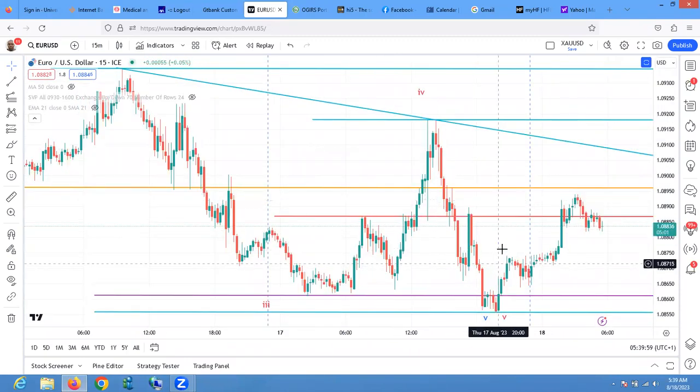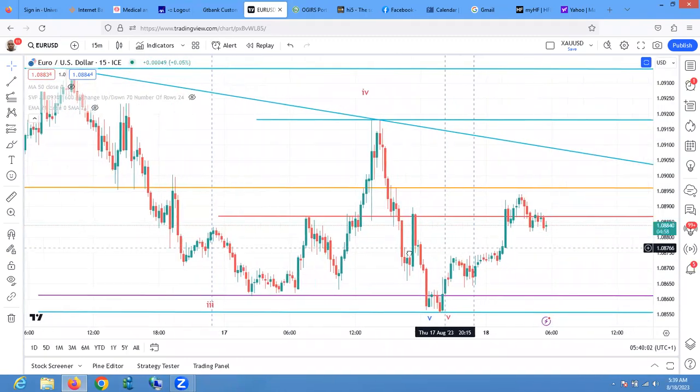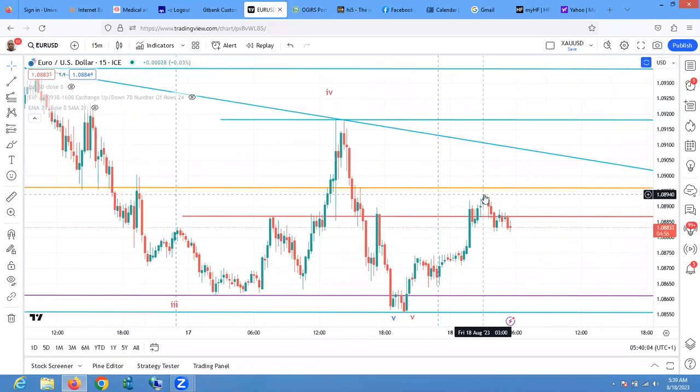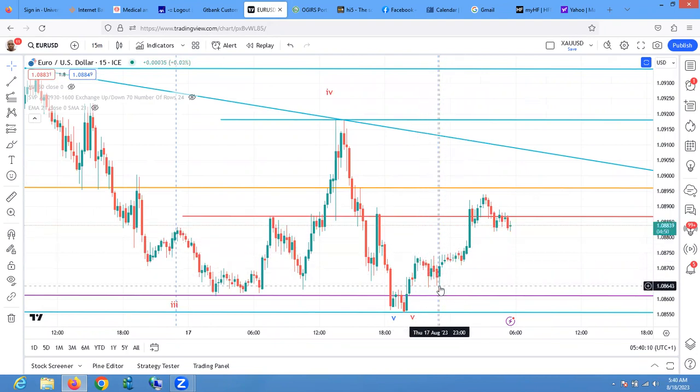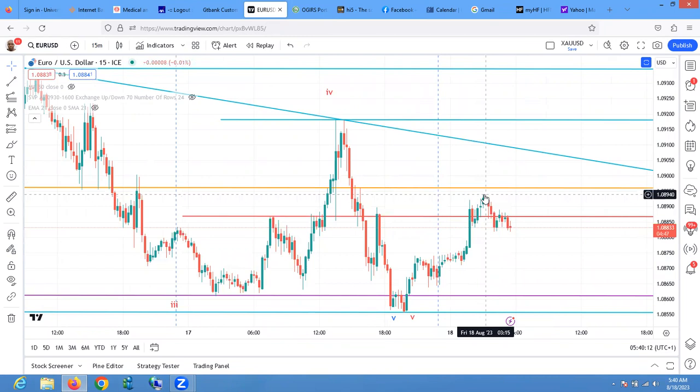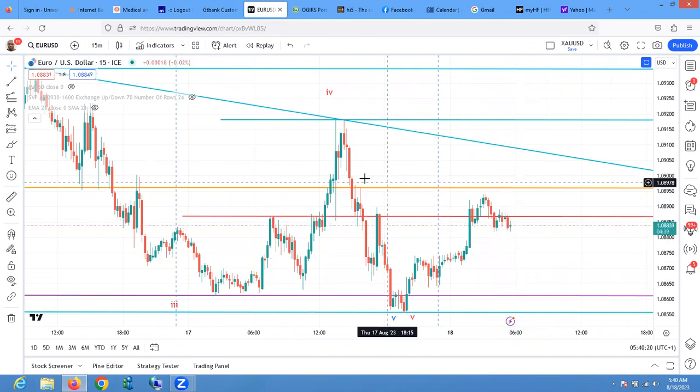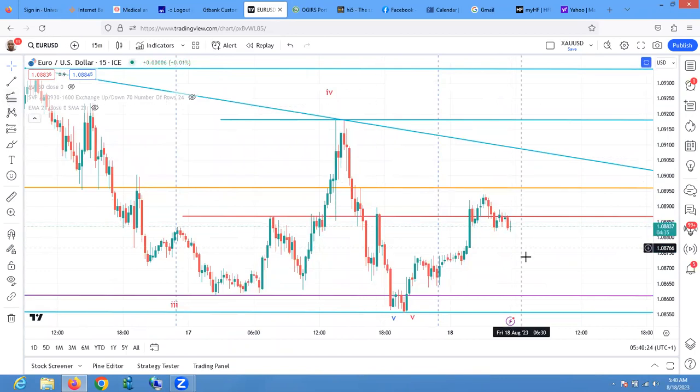Now, if indeed we are done, this one has run the A part of it, the 2 part of it, which is 1, 2, and this is 3, 4, and a 5, if it's complete. We should be seeing these as a possible ABC wave to the downside. So we should look for taking an opportunity to buy, okay?